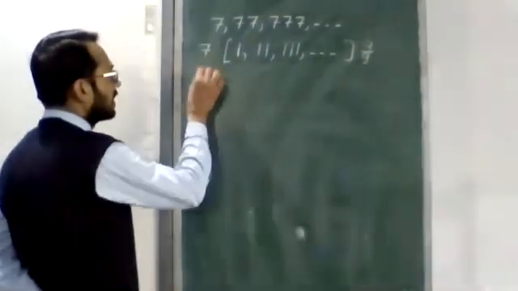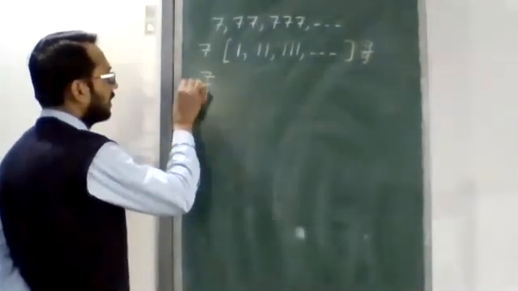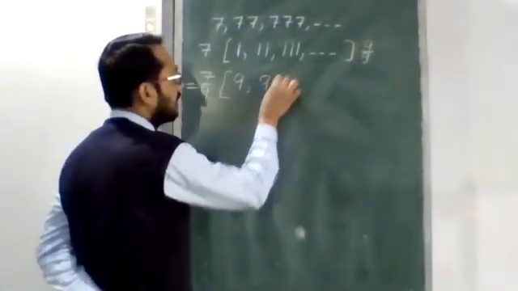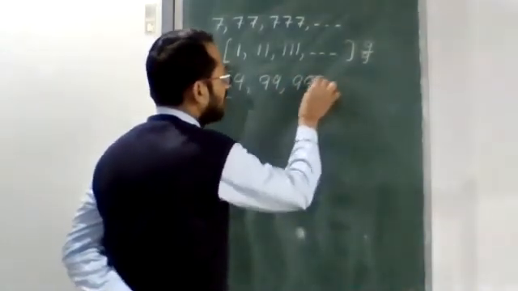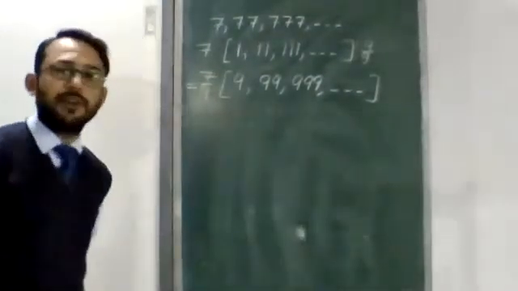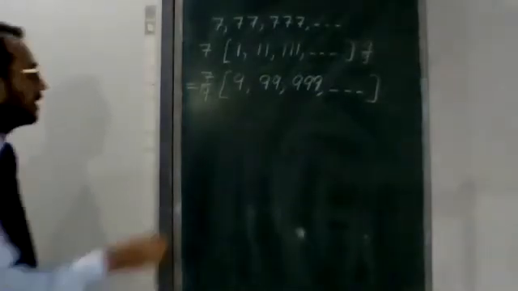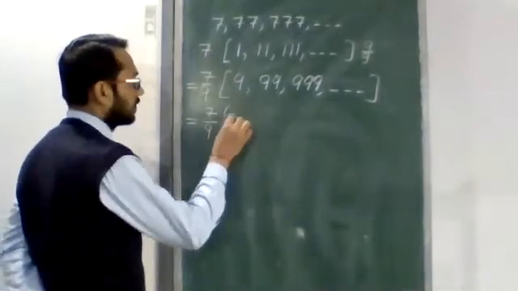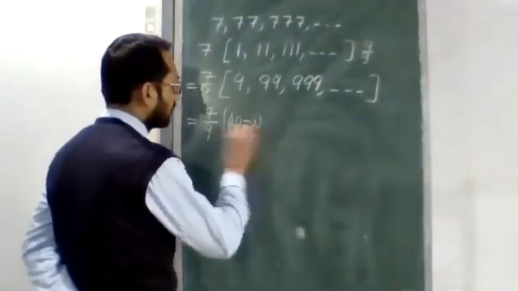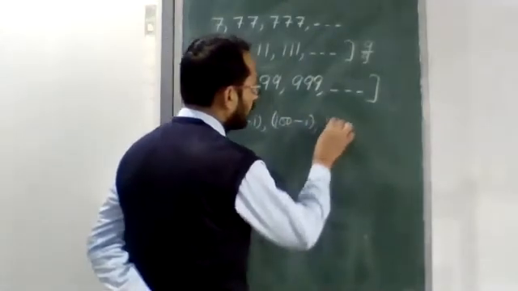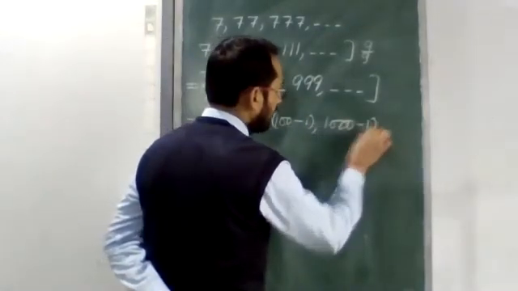It will become 7 upon 9 into 9, 99, 999 and so on. This will become the sequence. Still, I'm not finding it to be AP or GP. So next step: 7 upon 9 into 10 minus 1, 100 minus 1, 1000 minus 1.